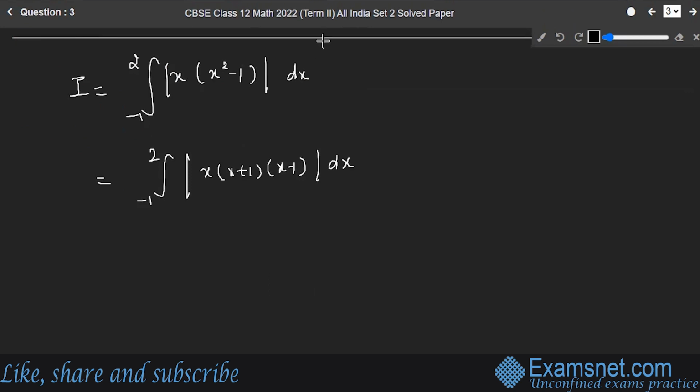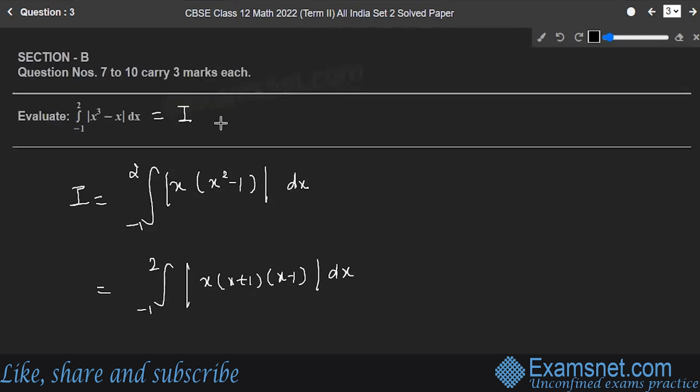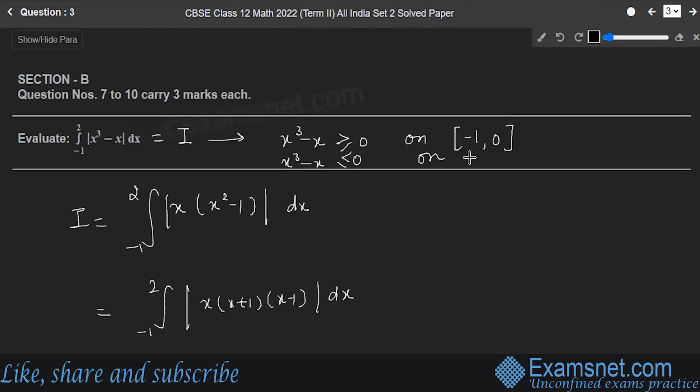So now here, x cube minus x is positive on minus 1 to 0, and x cube minus x is negative, less than or equal to 0, on 0 to 1, and x cube minus x is greater than or equal to 0 from 1 to 2.